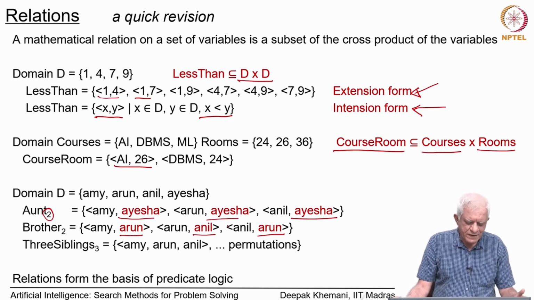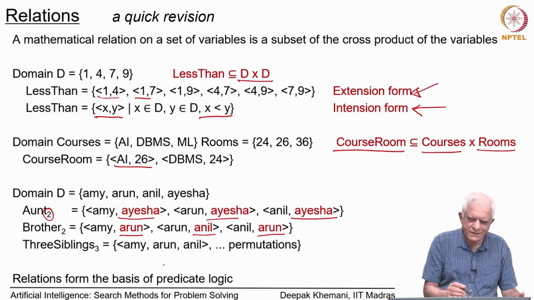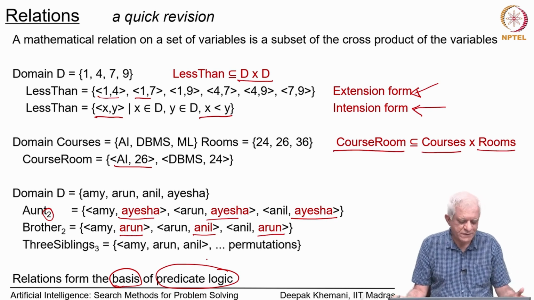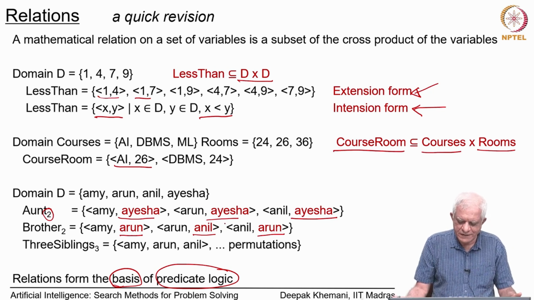In which case, if you were using logic, and we have already seen at least a glimpse of that, relations form the basis of predicate logic, because all these can be predicates, aunt or brother or siblings, and 2 or 3 elements can be the arguments to that essentially. So, that is a very quick review of relations.